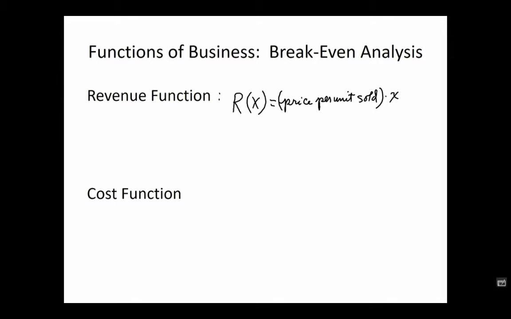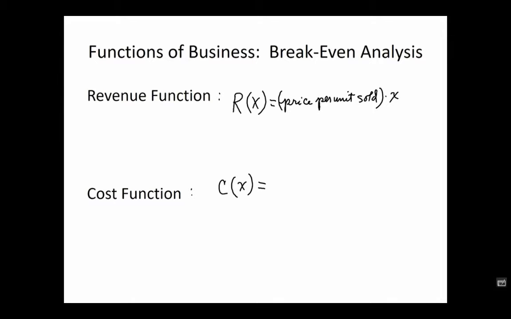The cost, all right, so the cost function, let's represent the cost as a function of X, where X, of course, as we said, is the number of units produced and sold.